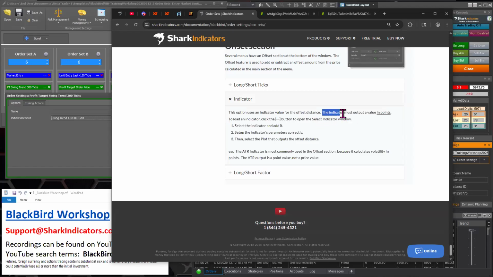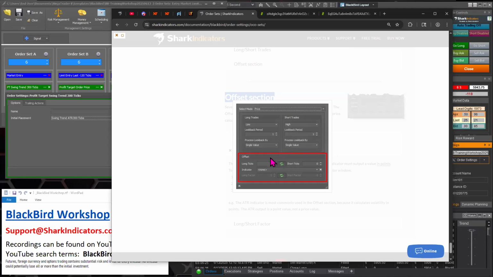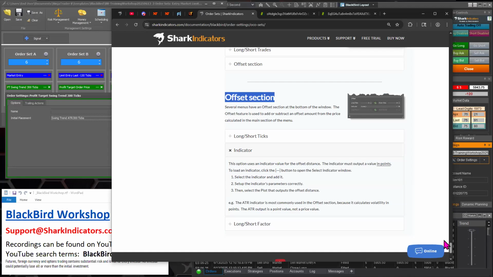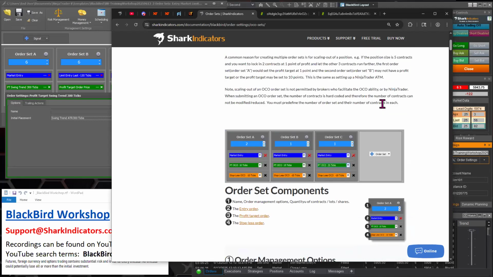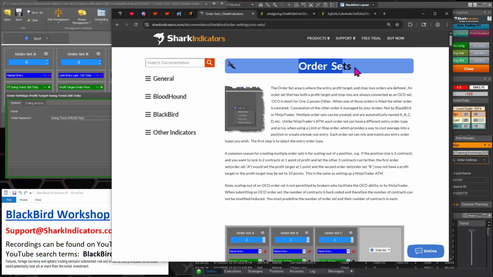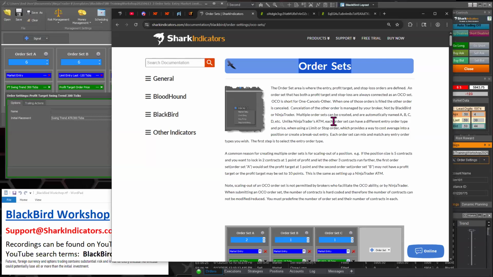So there you go. Indicator must output a value in points. So there you can get your reminder in the offset section of the documentation, and again, this is on the order sets page.